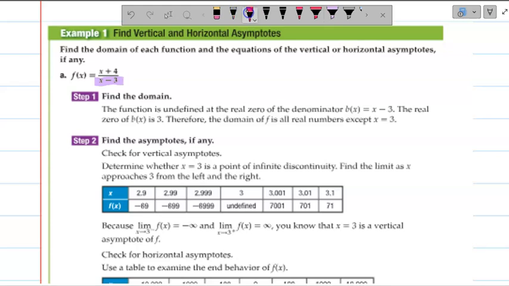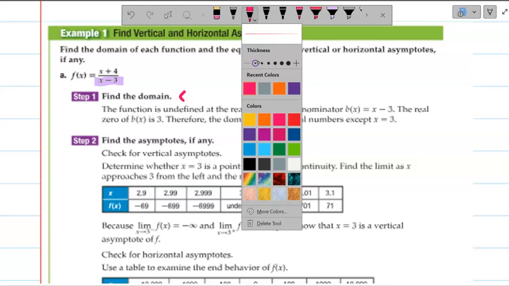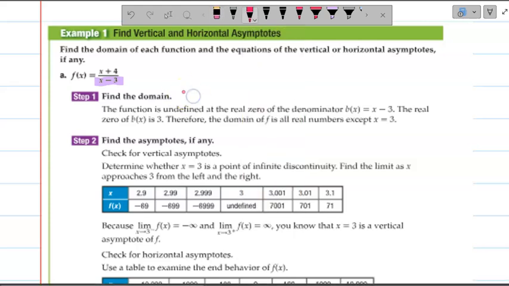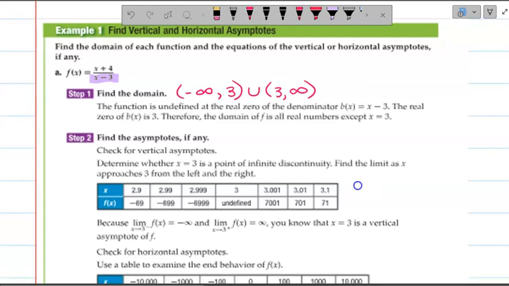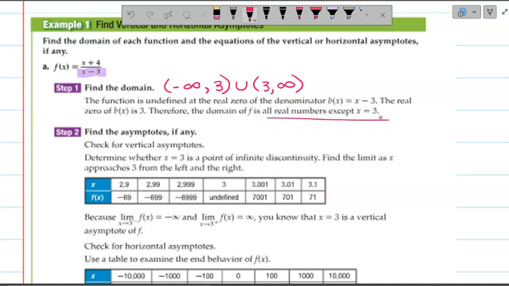So a way that we could write the domain would be to say from negative infinity to 3, and then again from 3 to infinity. That's how we could state the domain. Or you can just say all real numbers except 3.